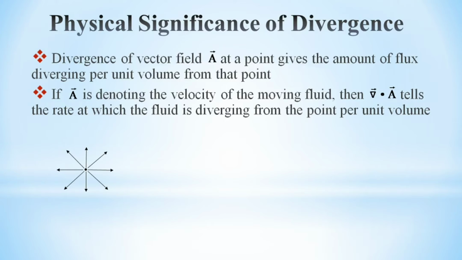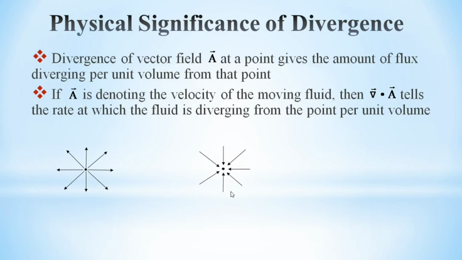Let us look at the picture. This represents positive divergence. From this point, the flux is going out in all directions. Let us look at another picture. This represents negative divergence. That means flux is coming towards this point from all directions.